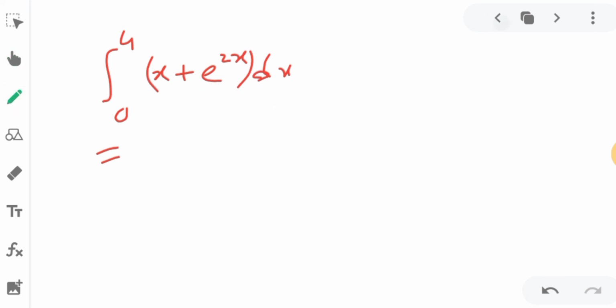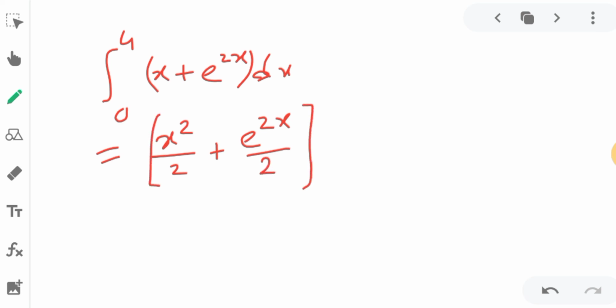So I will write that result here: x square upon 2 plus e to the power 2x upon 2, and at last in this integration result I will put the lower limit 0 and upper limit 4. Like I told in the previous question, first I will put the upper limit minus lower limit.